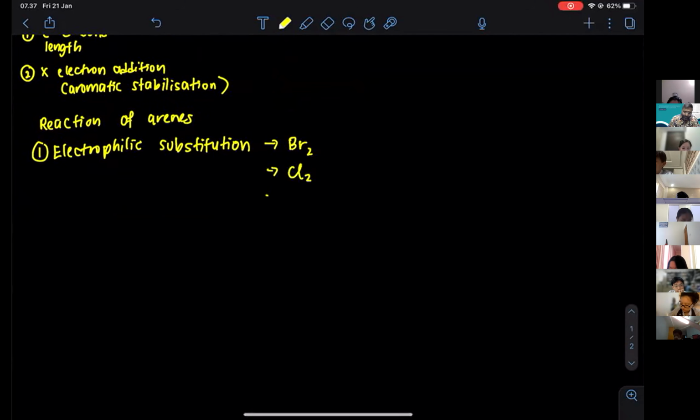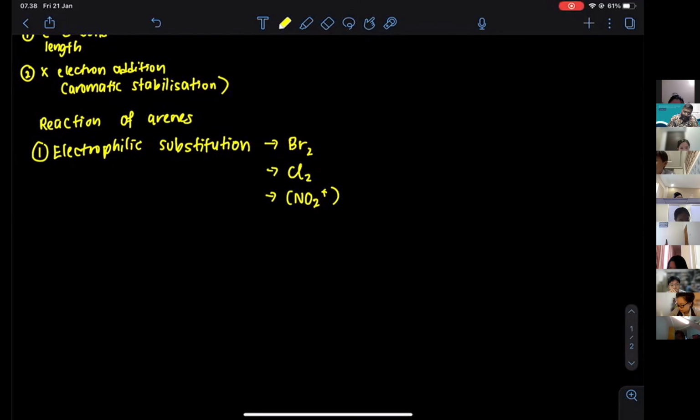We have learned about NO2+, and later I'll put the conditions, so you are going to get nitrobenzene. I think that's all for electrophilic substitution involving benzene.